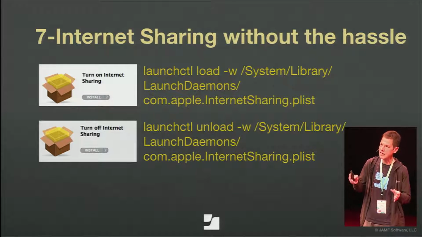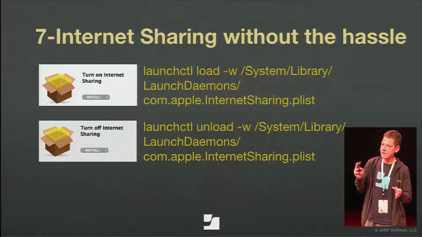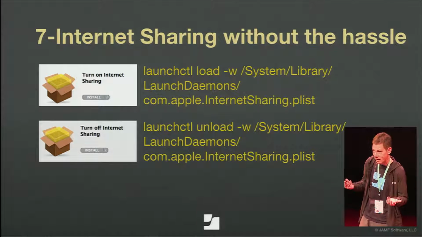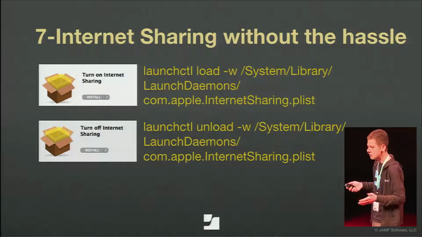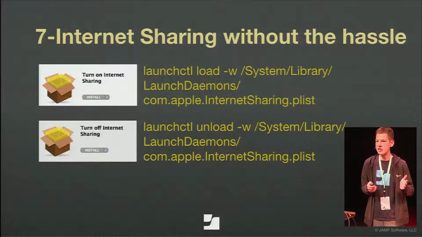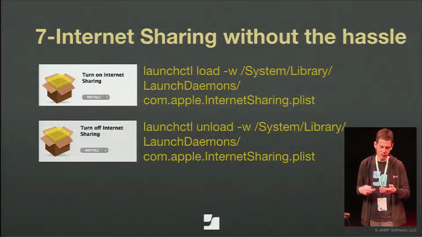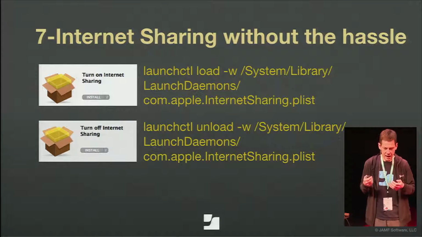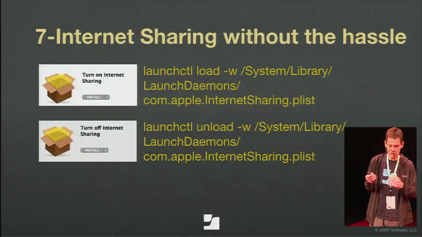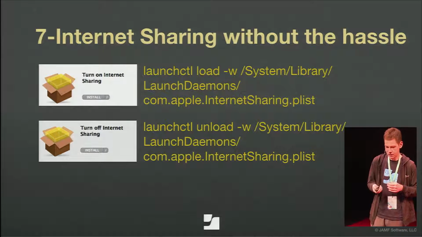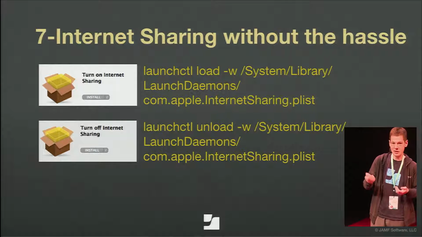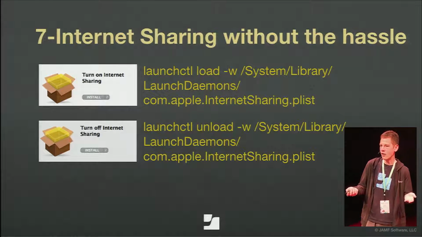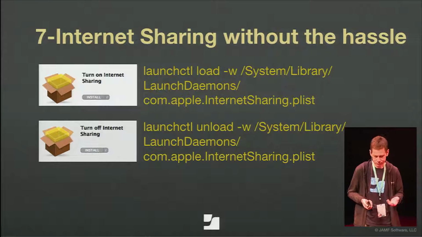You don't necessarily have the know-how to do it or the ability to unlock that padlock on your Mac. You simply go into self-service and click the turn on internet sharing button. It loads up a launch daemon, and when you turn it off, it just unloads that launch daemon. The launch daemon links to a script which enables and disables internet sharing with the appropriate Wi-Fi credentials, and it tells you the password.